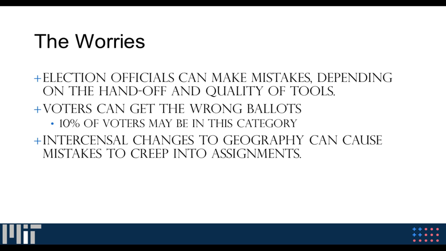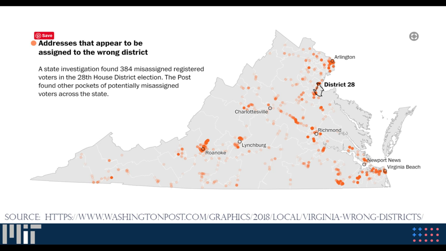There are other worries as well, maybe not as dramatic as these, but there are changes to geographies that happen between censuses. And even when the relevant actors have the most sophisticated equipment, this can also end up with voters being in the wrong district.